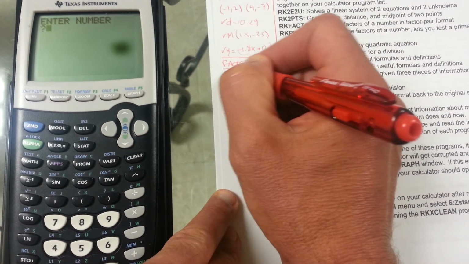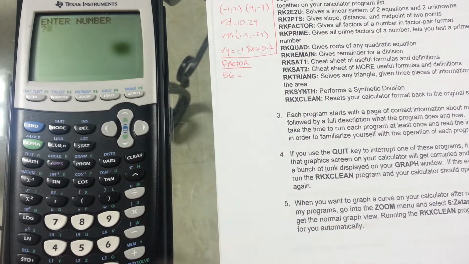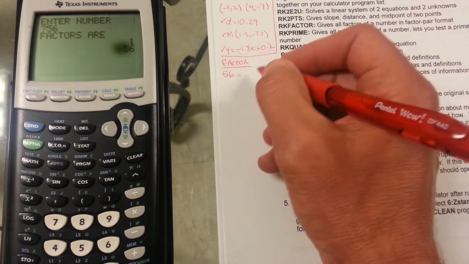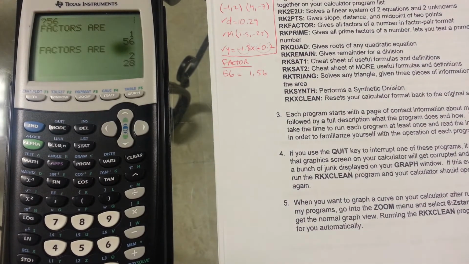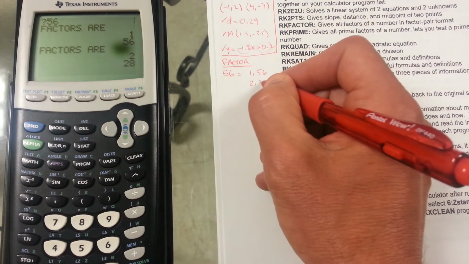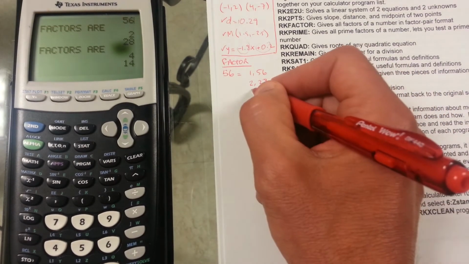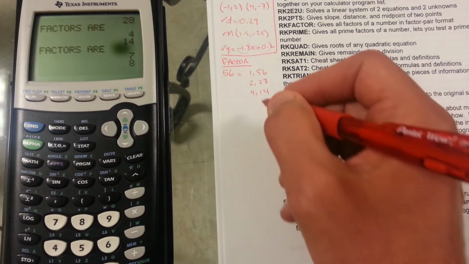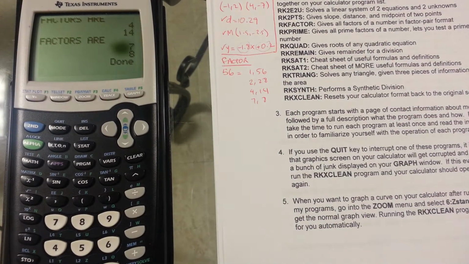Let's say you're solving a problem in which you need to know all the factors of 56. So if you put the 56 in here, it tells you the factors are 1 and 56, enter, 2 and 28, enter, 4 and 14, enter, 7 and 8, enter, and then it says we're done.